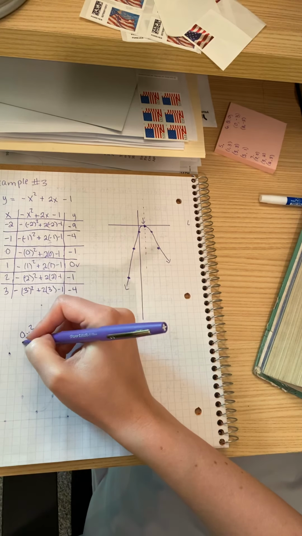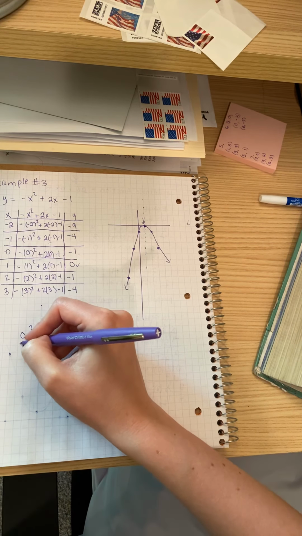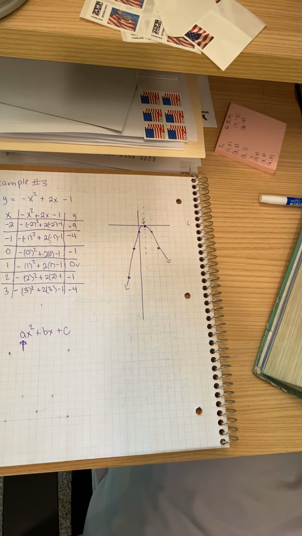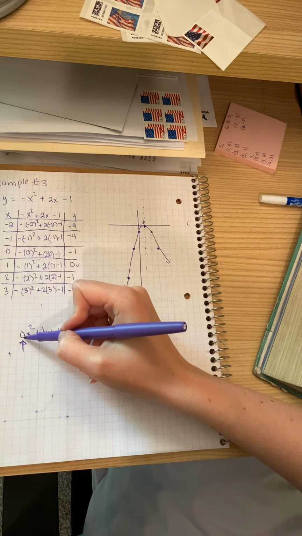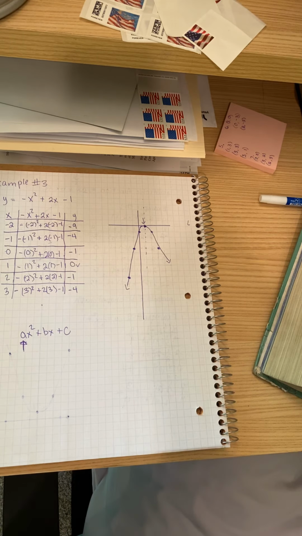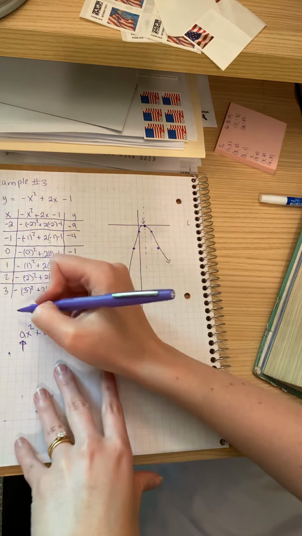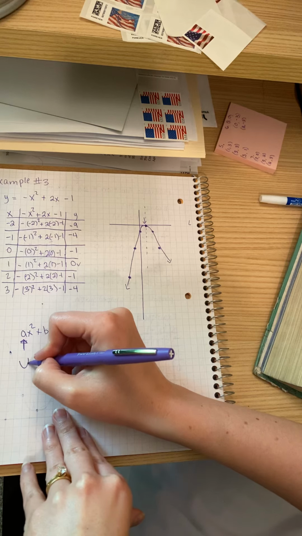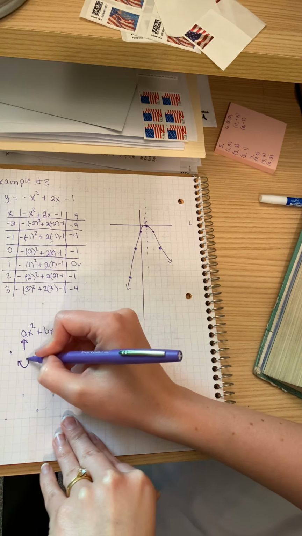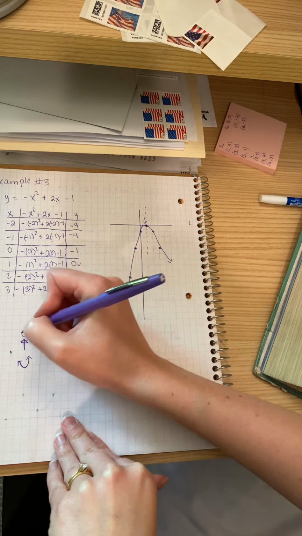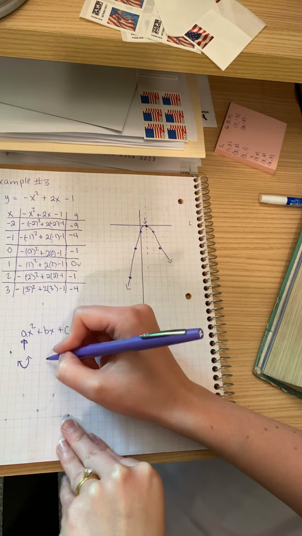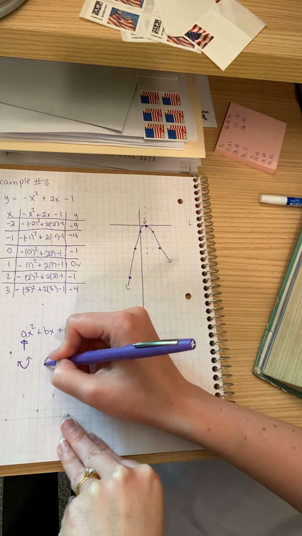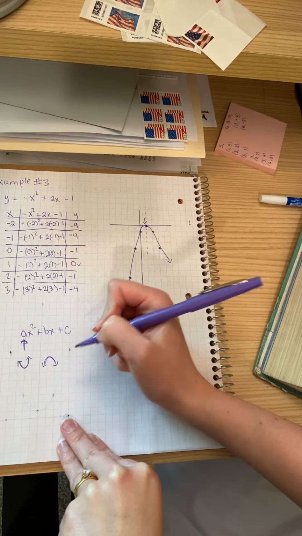And now they're saying the value of a will tell you whether or not your quadratic opens up or down. What they really mean is the sign of a. If a is positive, it's going to open upwards like a normal U. However, if a is negative, it's going to open downwards like an upside down U.